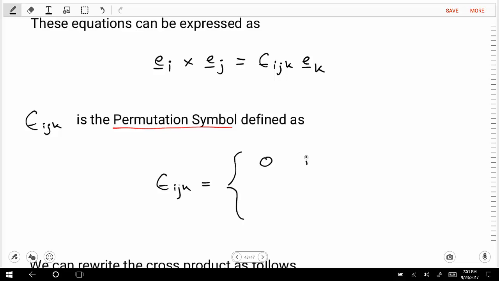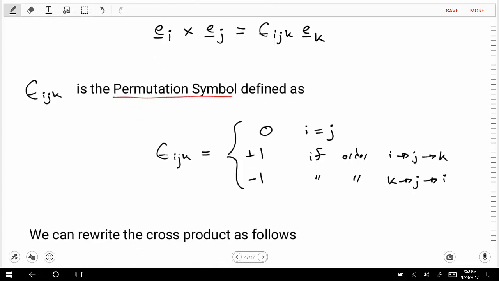It's 0 if i is equal to j. It's positive 1 if the order of our operation is from i to j to k. And it is negative 1 if the order of our operation is from k to j to i.